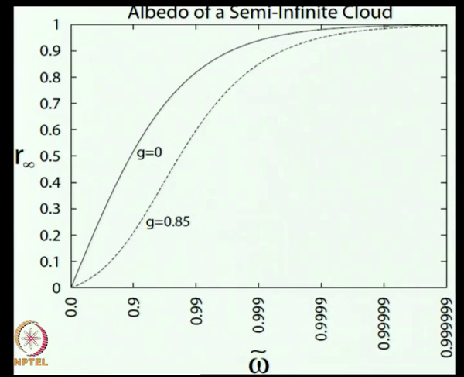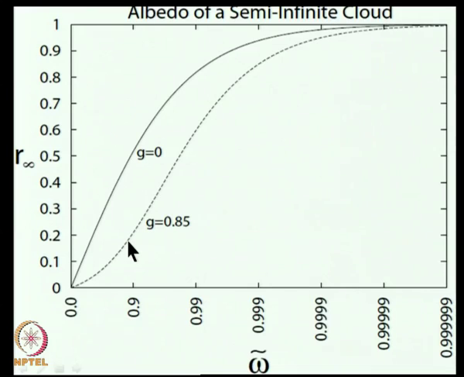What it says is that when the single scattering albedo is below 0.9 or actually 0.99, the albedo of the cloud is very sensitive to the value of G, that is the asymmetry parameter, and when you go from symmetric to asymmetric scattering, the albedo can go down from 0.5 to 0.1.